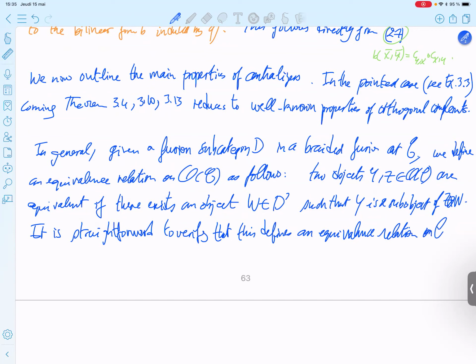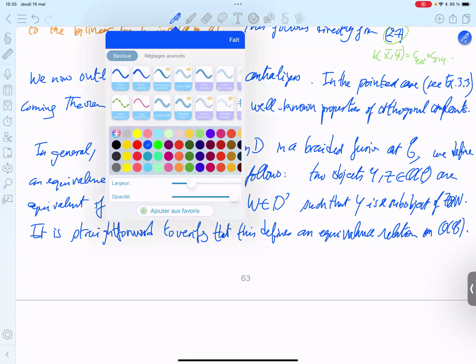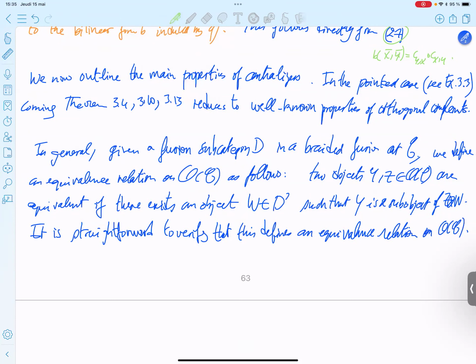On the simple object. So let me just check the transitivity, and the rest you can see as an exercise. For example, regarding transitivity, you have Y1 is a subobject of Y2 tensor W1.